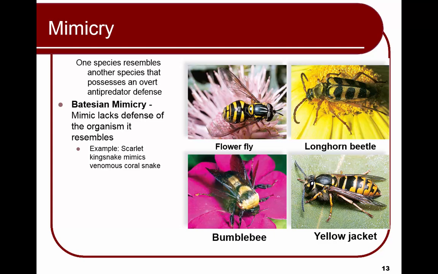The beetle lacks the defense, but the flower fly has it. Another example is the scarlet king snake. It mimics the coral snake that's venomous. Mullerian mimicry, it shares the protective defense with the other species, like a bumblebee and a yellow jacket. They both can sting, so it shares that defense.